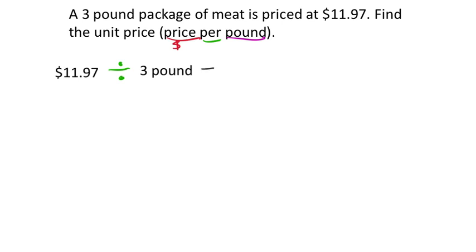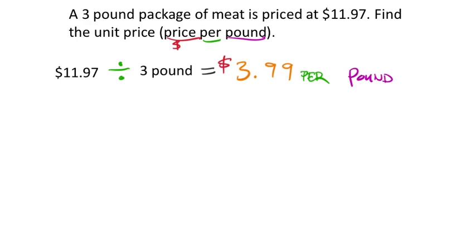Now, when you write this out, this is going to come out at an even 3.99. So again, this is where we got to be careful about our labels. It says up here, price per pound, the price, as we already know, is in dollars. And then you can write per, or you can just write slash if you'd like. But then it's per pound, like this.